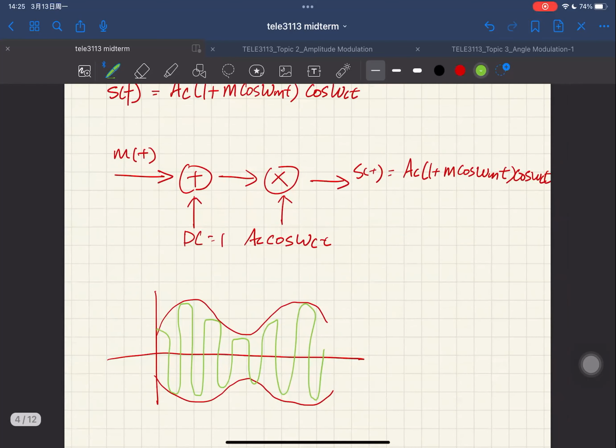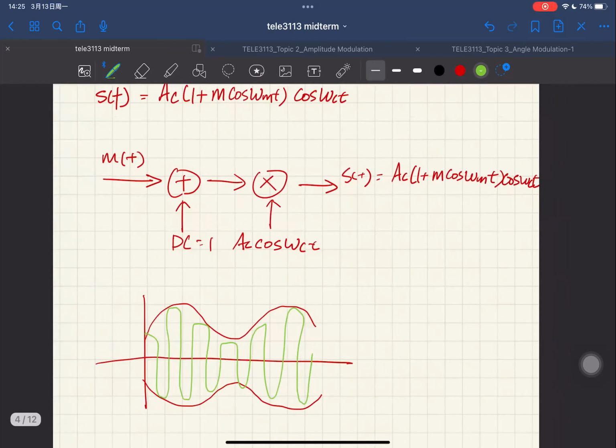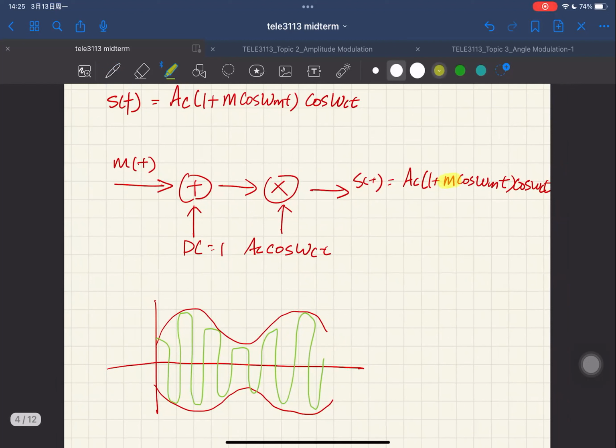When we talk about amplitude modulation, one very important concept is the modulation index, which is this m. This m determines the shape of your envelope. What happens if your m is smaller than 1? It means that you successfully form an envelope.